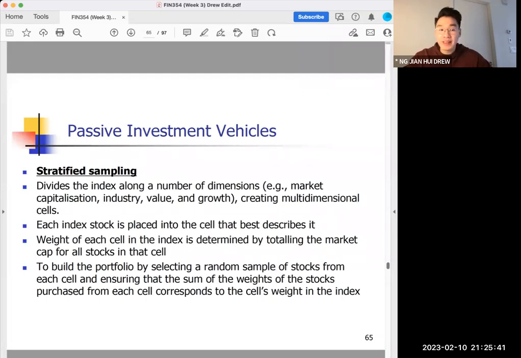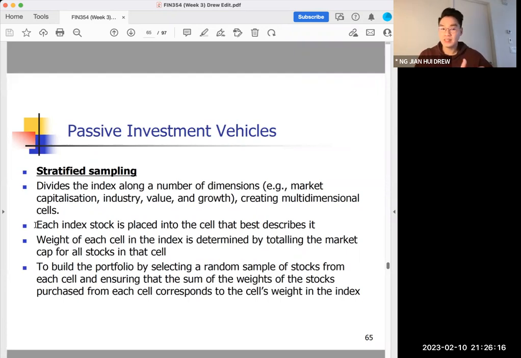Okay, so for stratified sampling, we can divide the index into a number of parts. Stratified sampling is a statistical technique. You basically divide a big pie into various strata, meaning certain small components, and each of these components can represent, let's say, an industry.